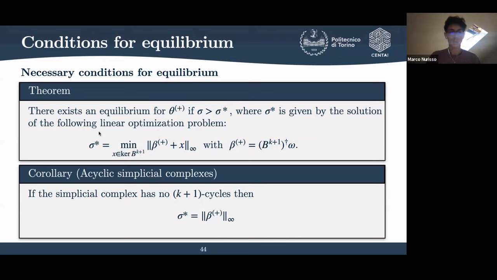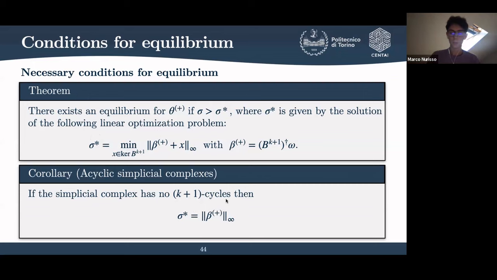And from this, what you see is that, for example, if the simplicial complex is acyclic in the order k+1, so there are no k+1 cycles, then this optimization space is empty. And what you have is that you can actually compute very easily the value of sigma star as the infinity norm of one particular vector, which I will explain to you in a bit.